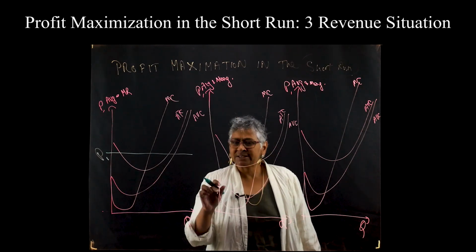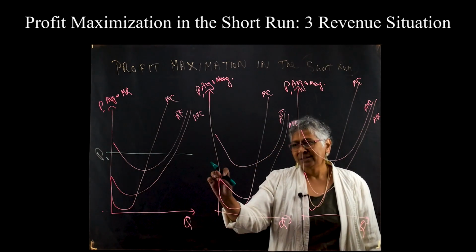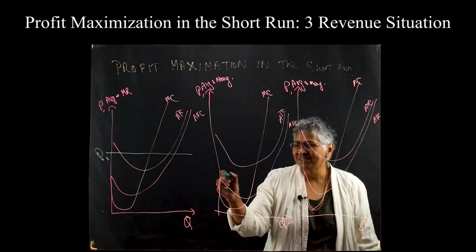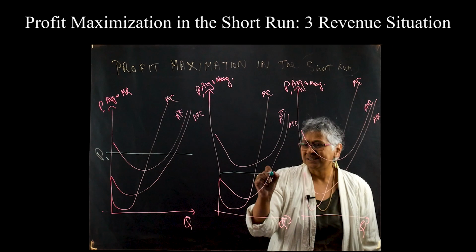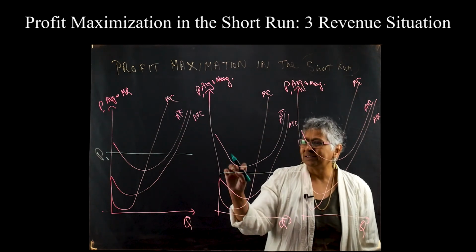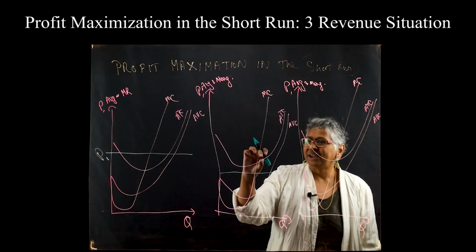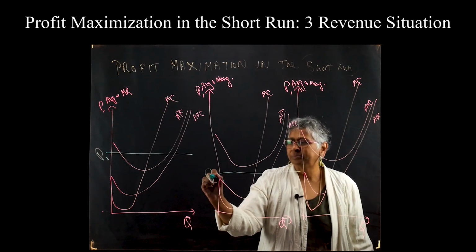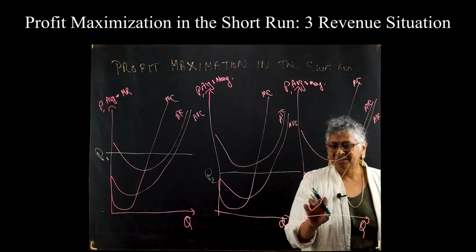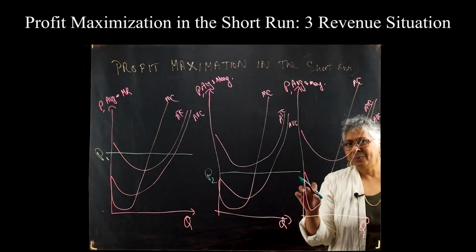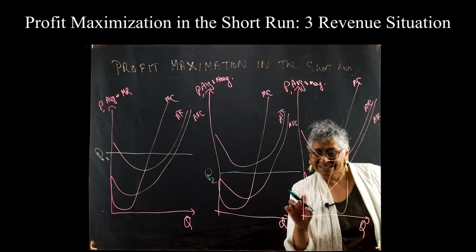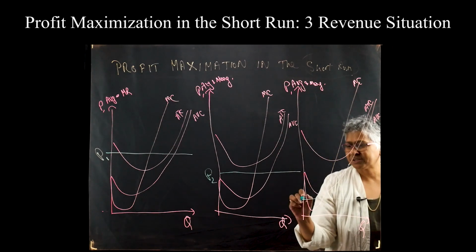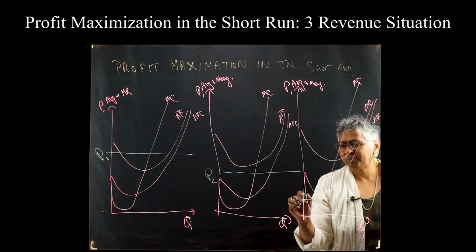The second situation is where you're a firm in a market that doesn't have such a good price, and you're right here, between the average total cost and the average variable cost. I'm going to call it P2. And then in a third situation the price is much below even the average variable cost. I'm going to call it P3.